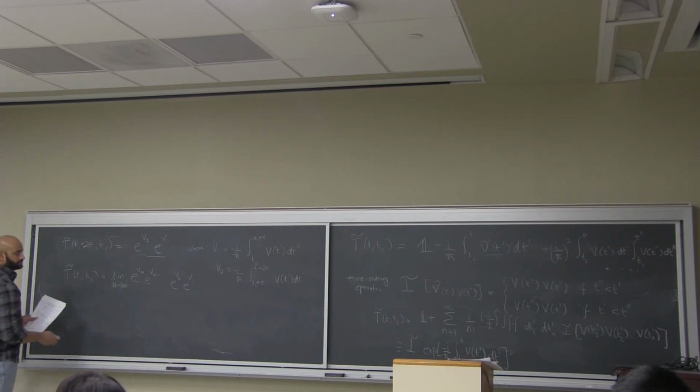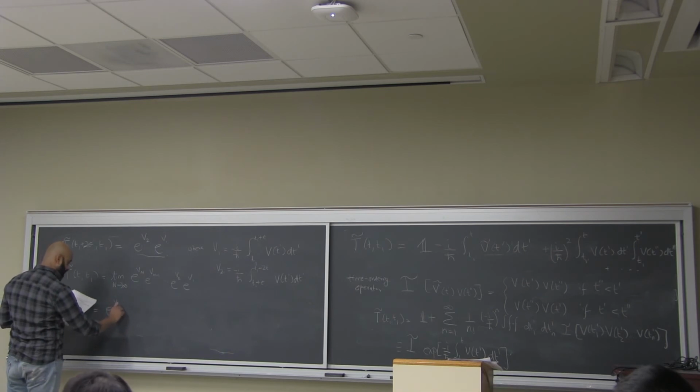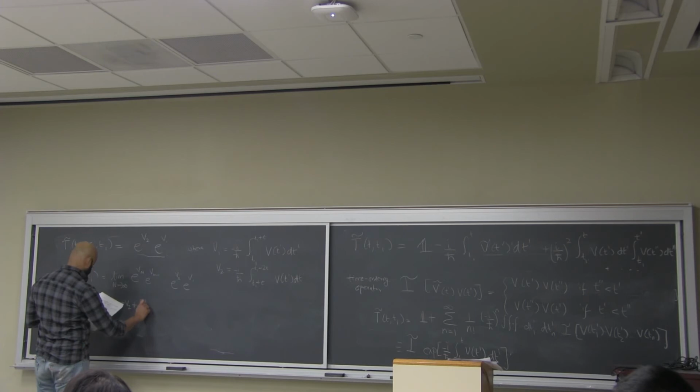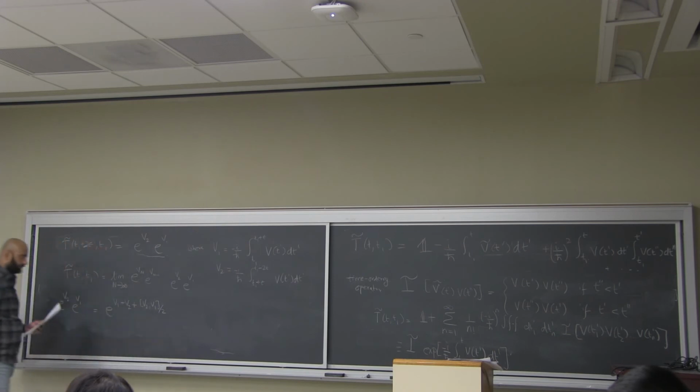So if we can first find out what e to the v2 and e to the v1 are, then we'll be sort of along the way. And it turns out that we can use the same BCH formula to show that this is given by this expansion over here. Again, the proof I'll assign as a homework problem.